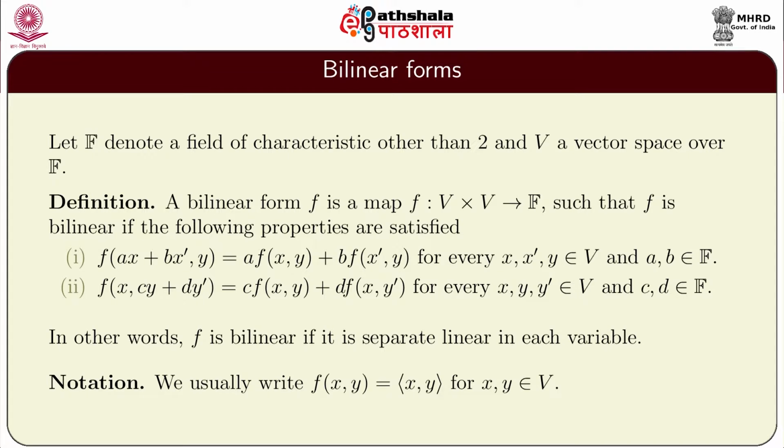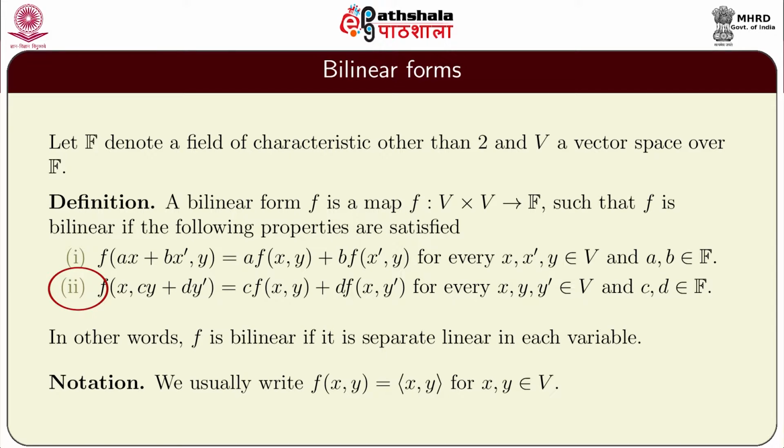Definition: a bilinear form f is a map from V cross V to the base field F such that the following properties are satisfied. The first one says f of ax plus bx dash comma y is equal to a f of x comma y plus b f of x dash comma y for every x, x dash and y in V and a, b scalars.